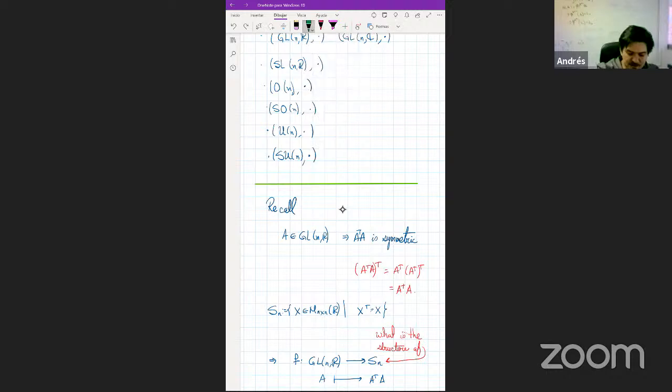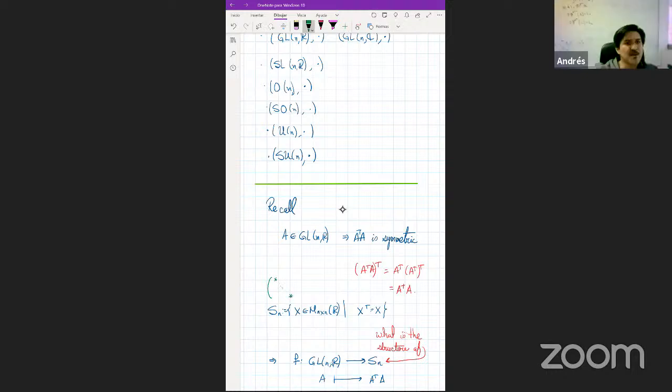What is the way of writing a symmetric matrix? On the diagonal, what do we have? Anything? It has to be symmetric, it will be anything. Okay?